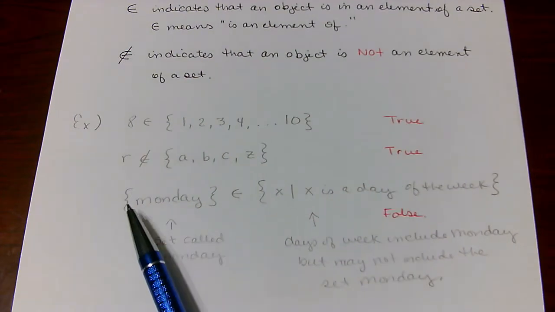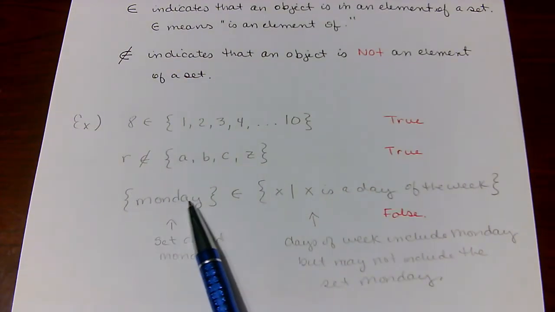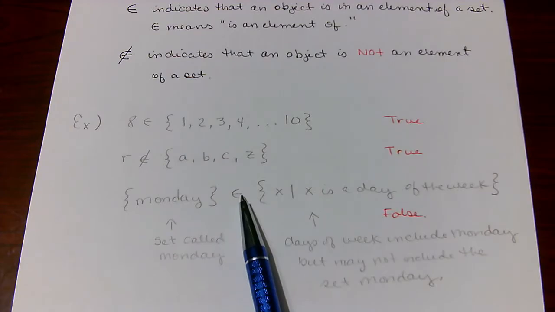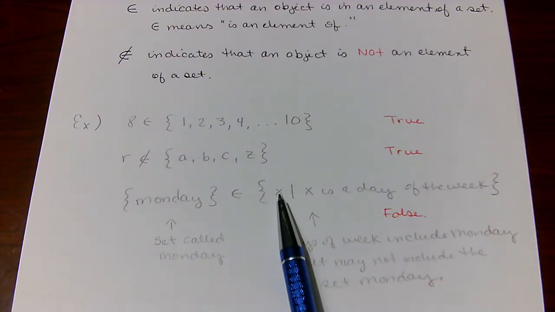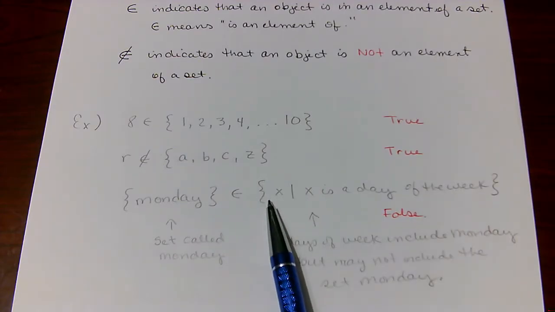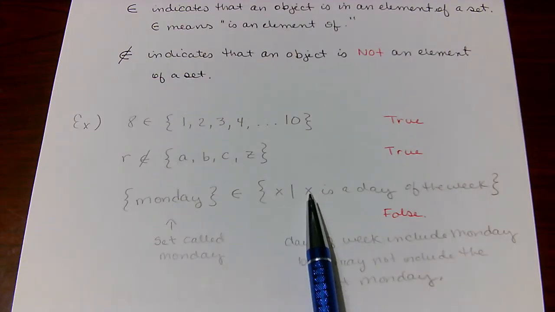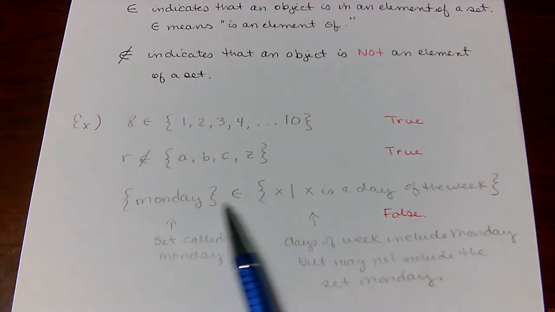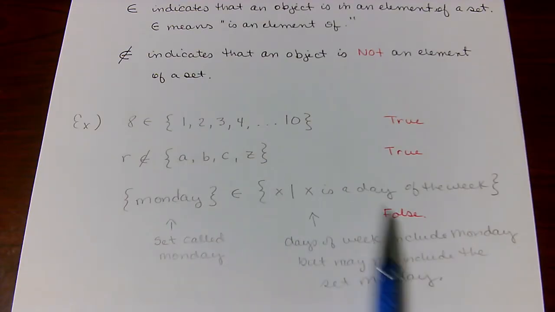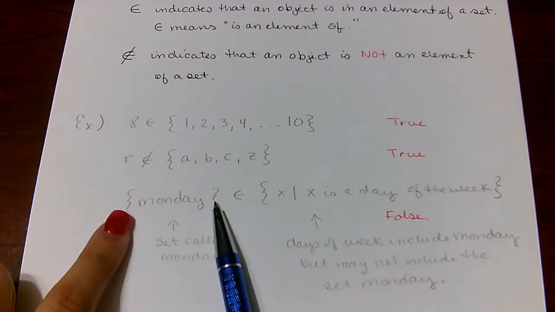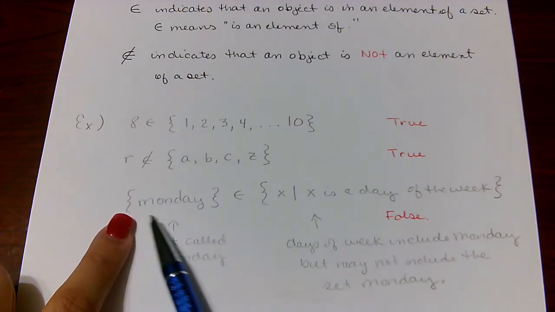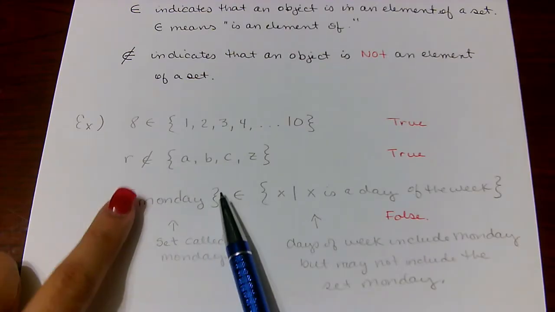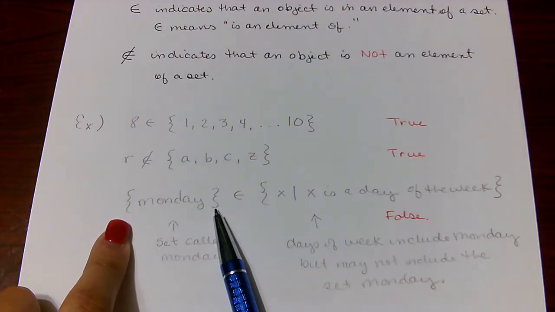Okay. For the next part, it says Monday is an element within this set, which says X is an element, where X is a day of the week. This is a false statement because anytime we have braces here, the description is saying that this is a set, not an element.